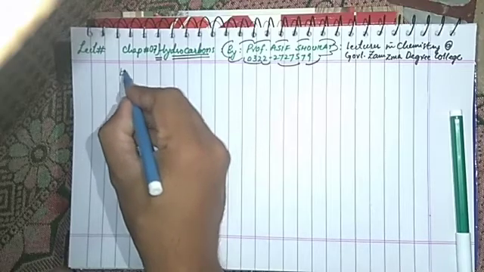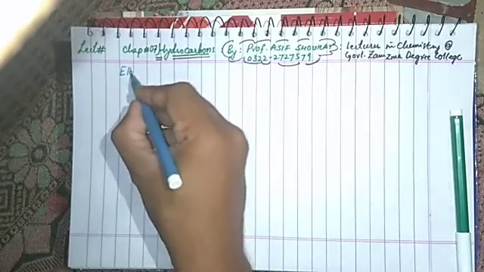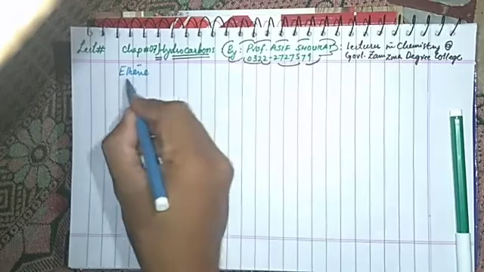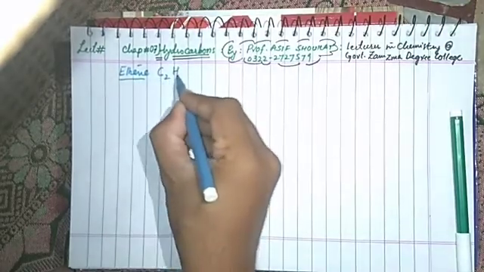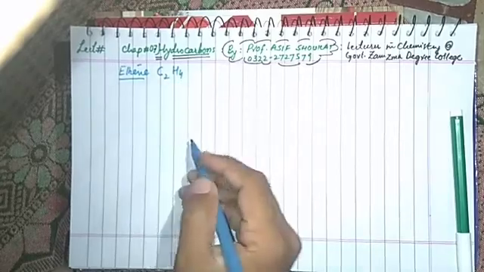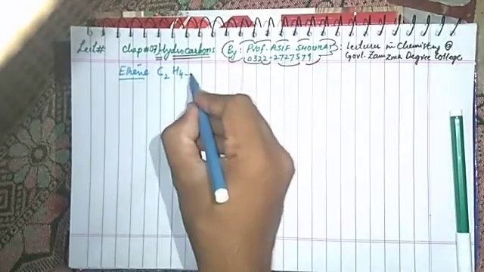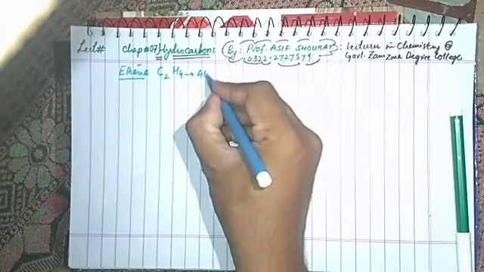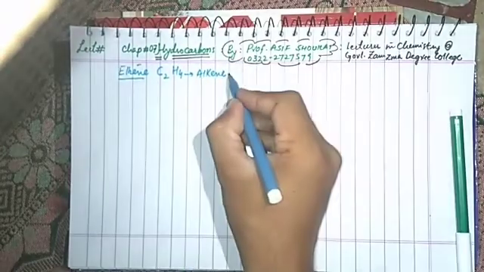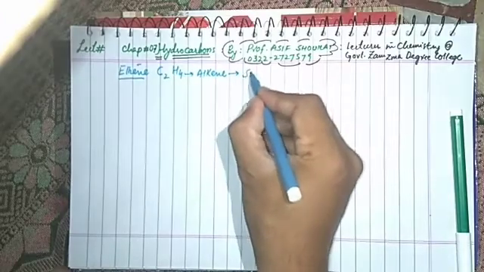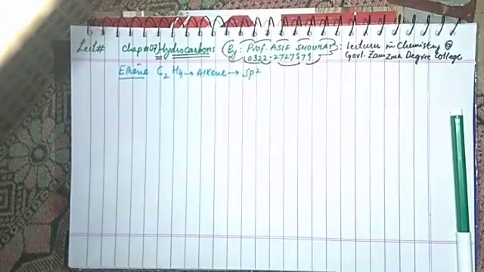Ethene, its chemical formula is C2H4. It belongs to alkene family. Every member of alkene family is sp2 hybridized.